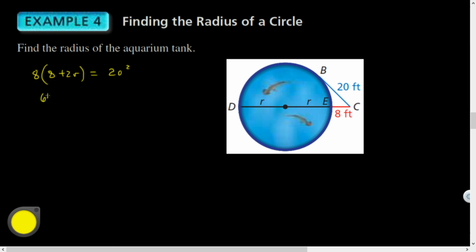And so 64 plus 16r is equal to 400. So 16r is going to equal, what's that, 336? Did I do that right? And 336 divided by 16, r is equal to 21. Right, but once again, the key was realizing I needed this entire length across.